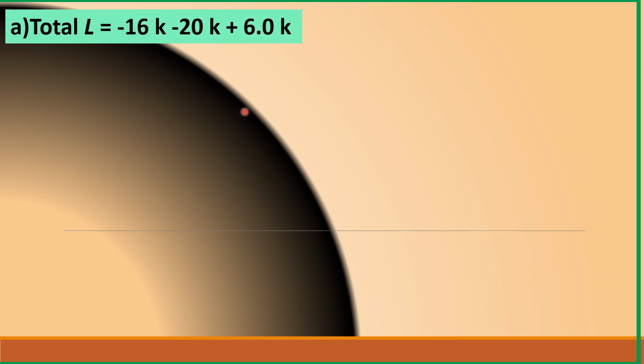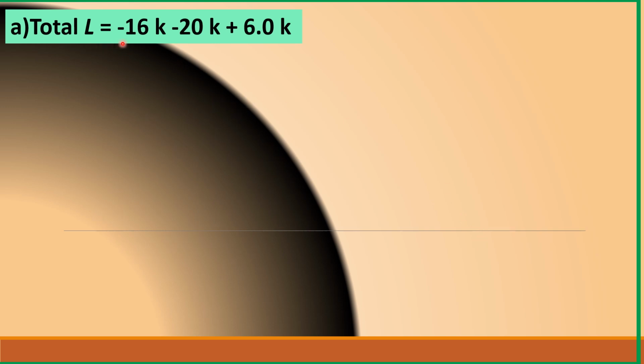Question letter E. Our target variable is determining the total angular momentum of the three particles. So what we do is just get the total, or the sum, of the three angular momenta that we had earlier.